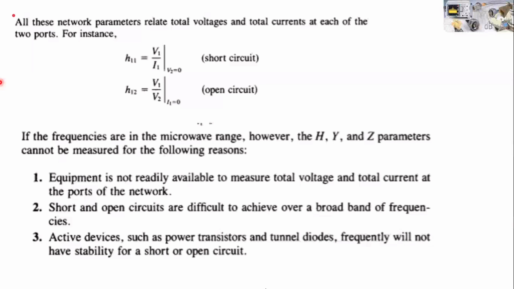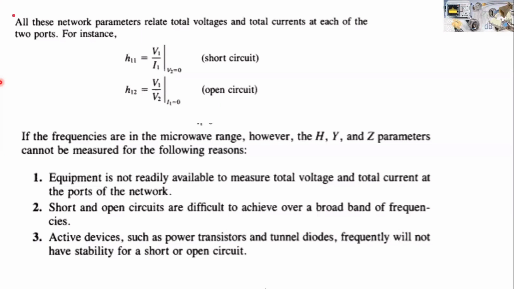The first reason is that at higher frequency, the equipment or apparatus which you use to measure the voltage and current is not easily available, and it is also costly to make such devices at high frequencies. So this is the most fundamental reason.